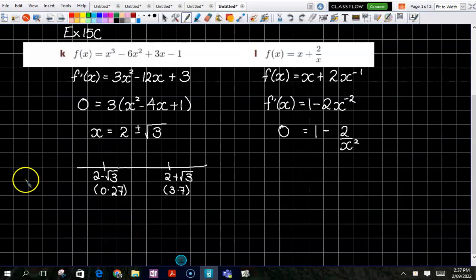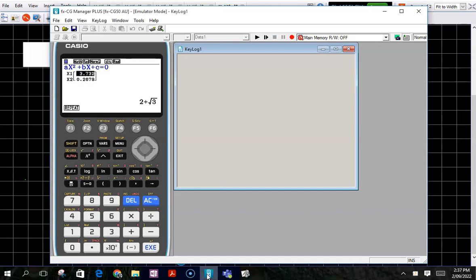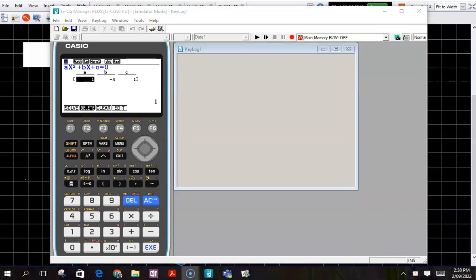So how do we get the values? Because I look at this and straight away I go, oh, there's no way. Factors of 1 that add up to be 4? No way, Jose. So use these calculators that you've paid a bit of money for. We're going to go into equation, polynomial, degree 2. Put in your values.